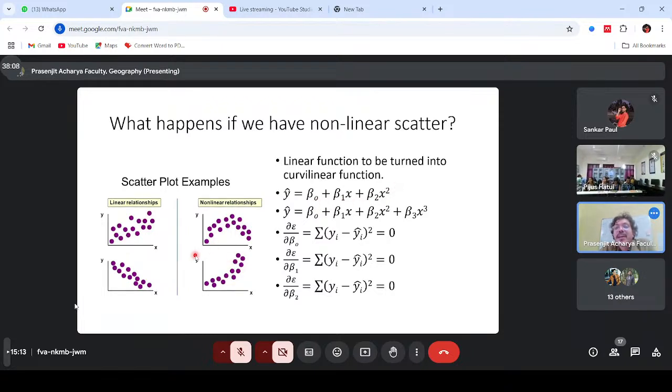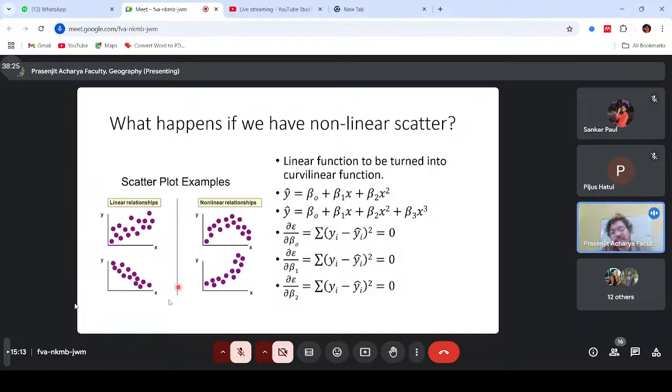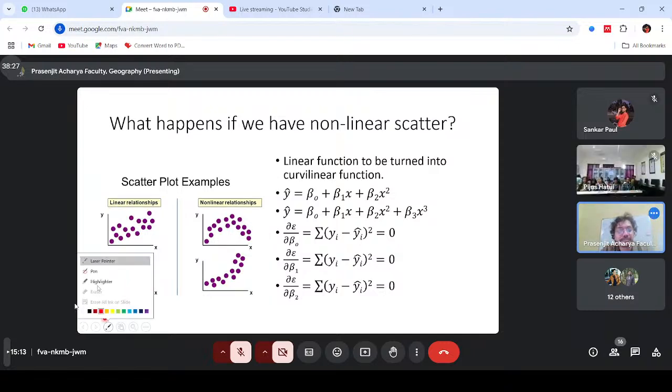If we have a more complex function, we can move to the third order functions. Something like this could give you the third order function.